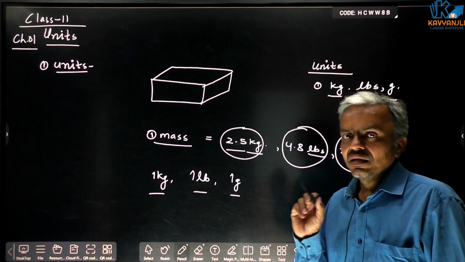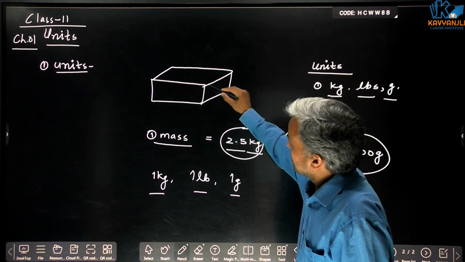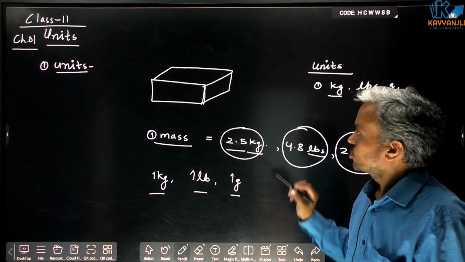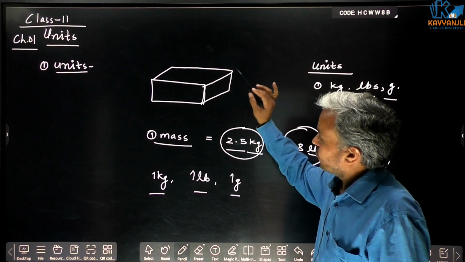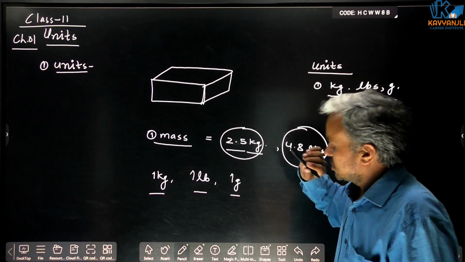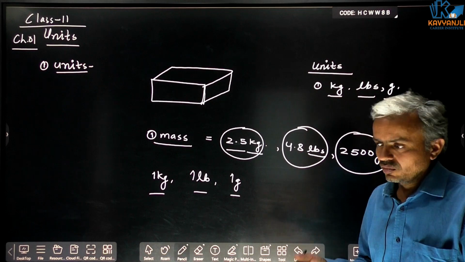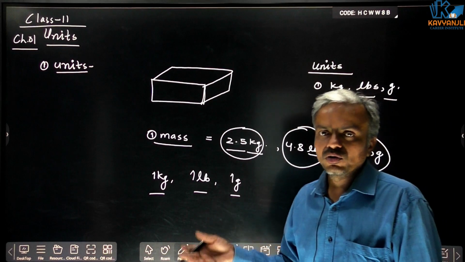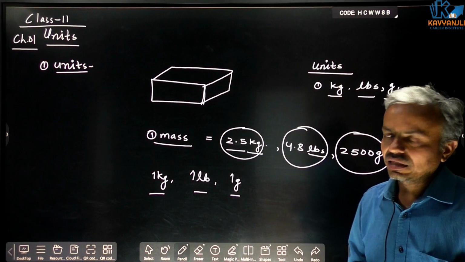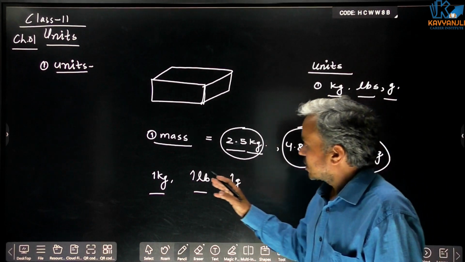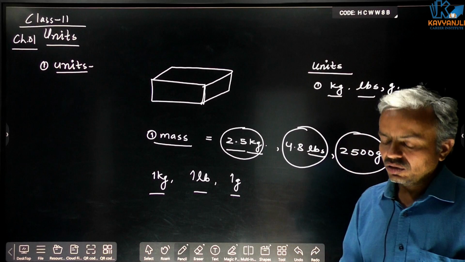Physical quantity is a quantity by which we measure an object. So we are measuring an object. First we measure its mass. Second we can measure its length. We can measure its volume. So these mass, length, volumes are physical quantities by which we are measuring, and kg, lb and gram are units.